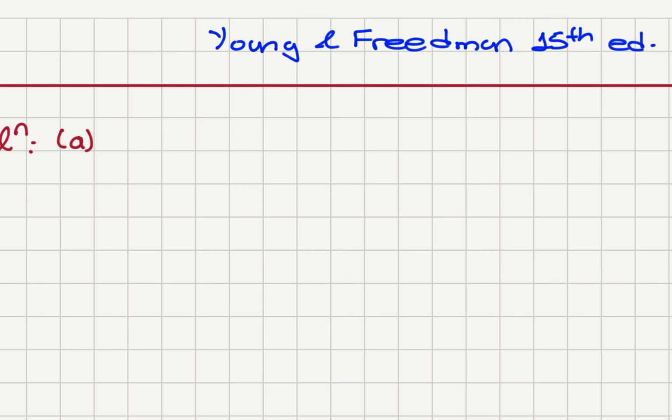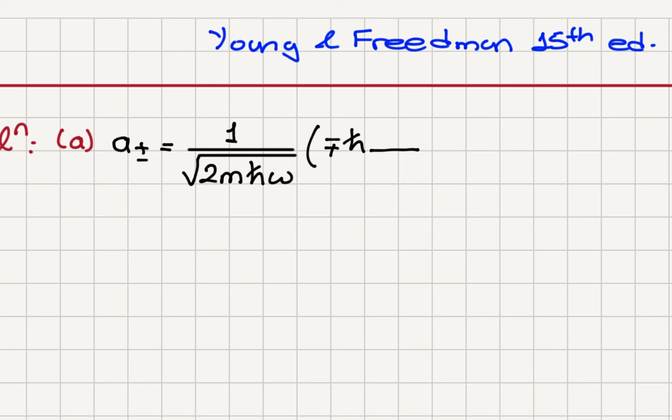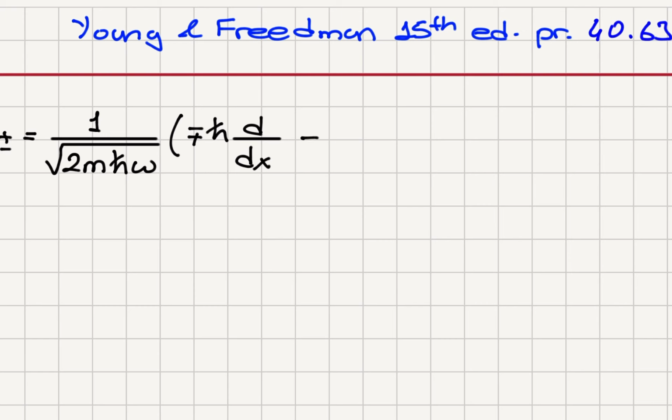Let's rewrite our a plus or minus operators. A plus or minus is equal to 1 over the square root of 2m h bar omega, times minus or plus h bar d dx plus m omega x.